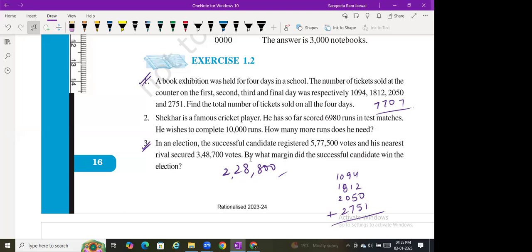Number of runs scored in the test match, right? And your second statement? Number of runs Shekhar wishes to complete. Yes, number of runs required, okay? And then you will do how many more runs does he need? So that means 10,000 minus 6,980. Please do, children.